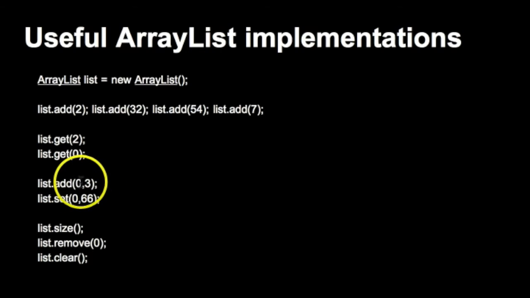What this is going to do is add the integer 3 at the 0 index, and it'll shift all these numbers up 1. So 2 would become the first index, and 32 would become the second, with 3 being the 0.